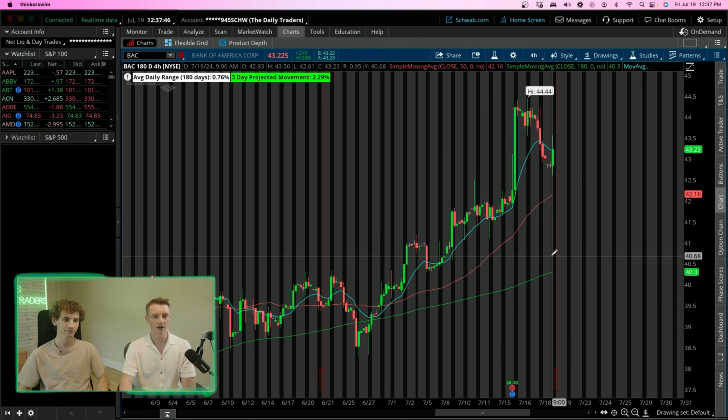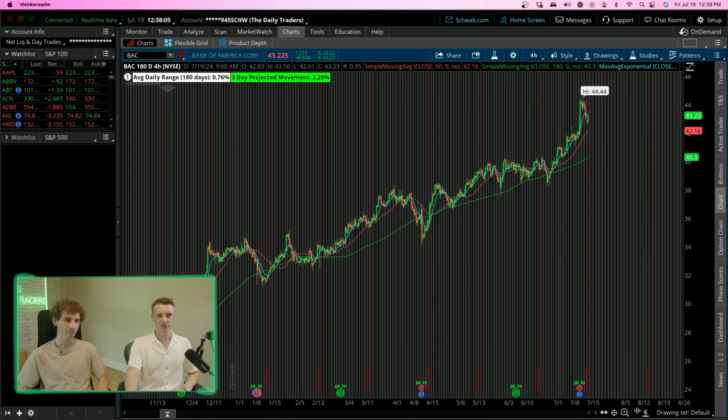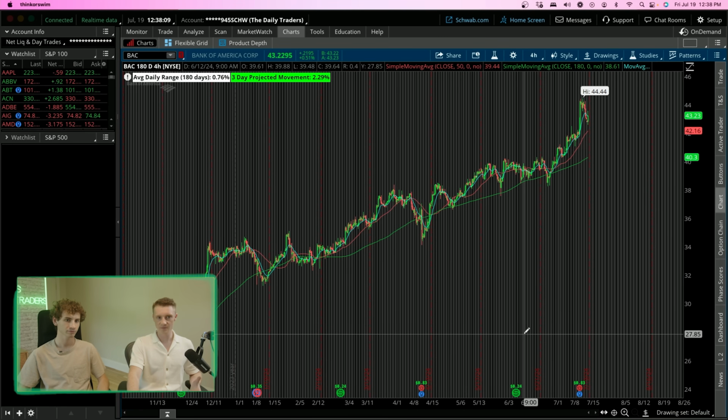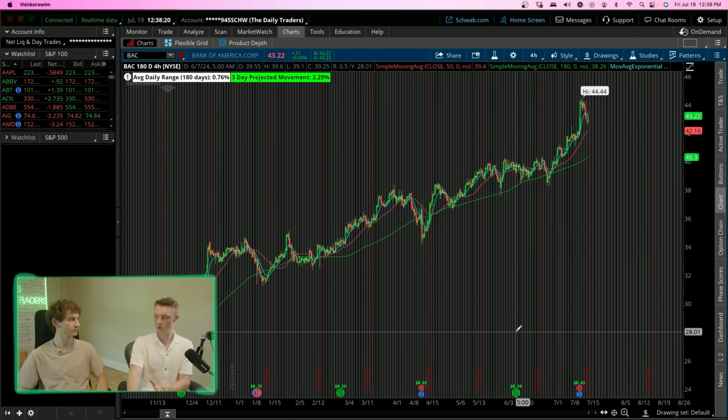So we've got one SMA here, which is the 180-day. We've got another SMA here, which is the 50-day. And we've got an EMA here, which is the 15-day. So we're going to use these moving averages as reference points to determine if there's a setup there or not. But mainly, we're going to use these moving averages to actually determine, if we do take a trade, where we're going to be right and where we're going to be wrong.